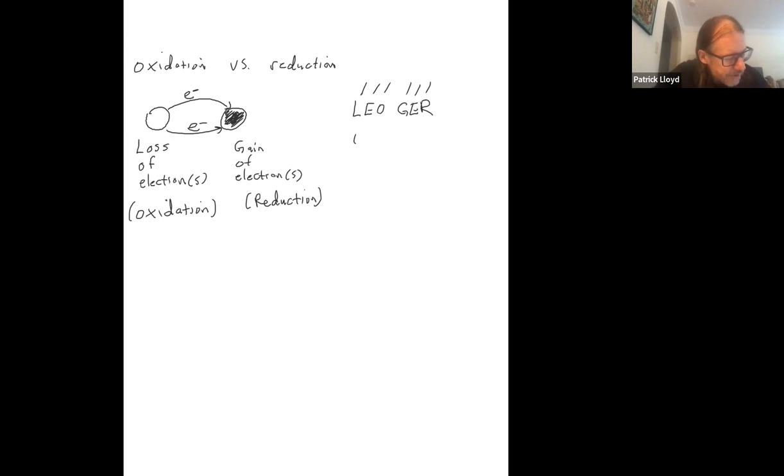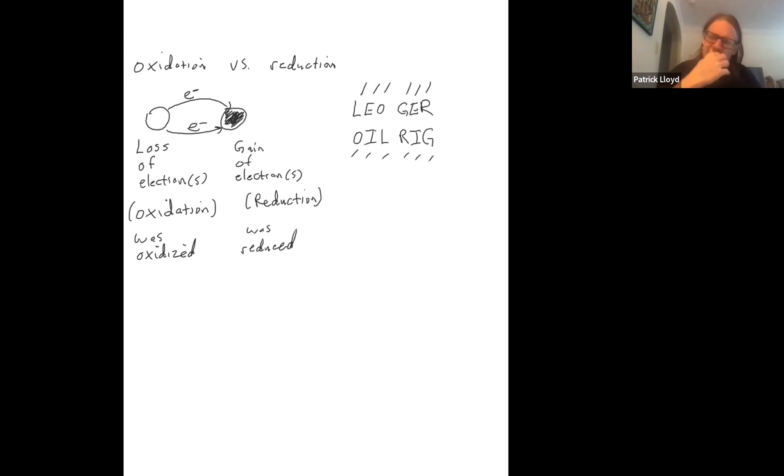Another way is OIL RIG. I think there's a third one that I forget. Oxidation is loss of electrons, reduction is gain of electrons. Okay, so whichever one loses the electrons got oxidized. So, you know, this one was oxidized, and this one was reduced.